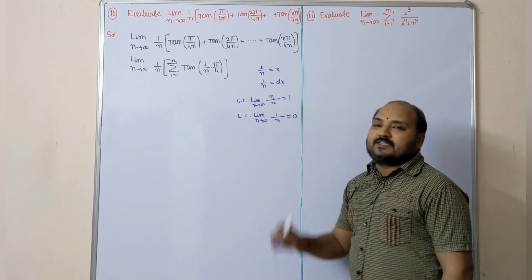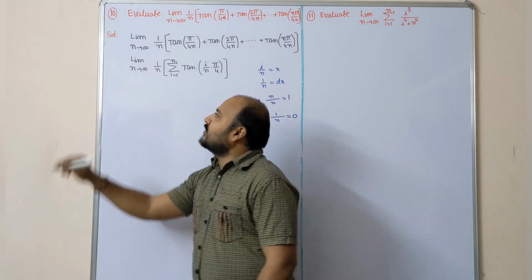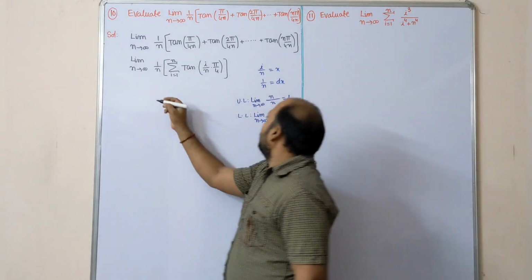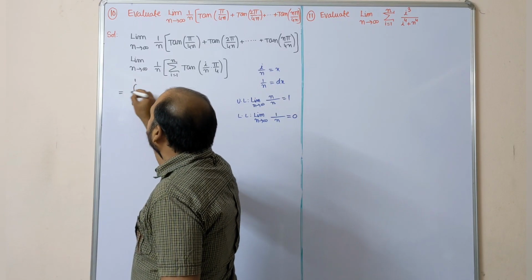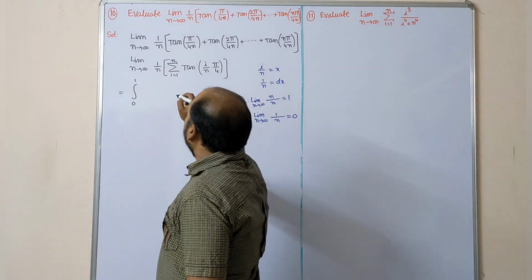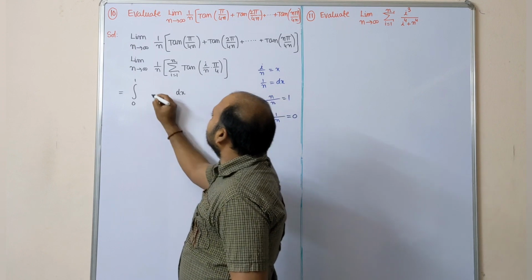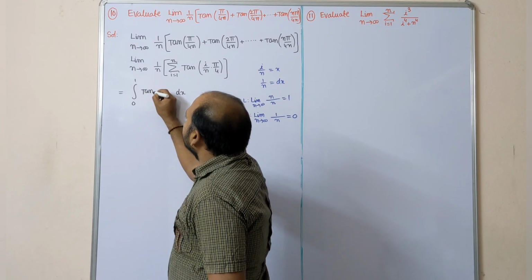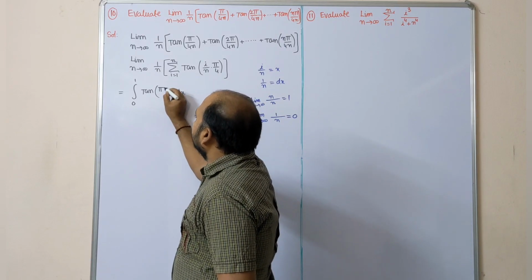So limit of constant is constant. So in place of limit n tends to infinity, sigma i equal to 1 to n, replace with integral 0 to 1, lower limit to upper limit. In place of 1 by n, dx. In place of i by n, x. So tan of pi by 4 x.